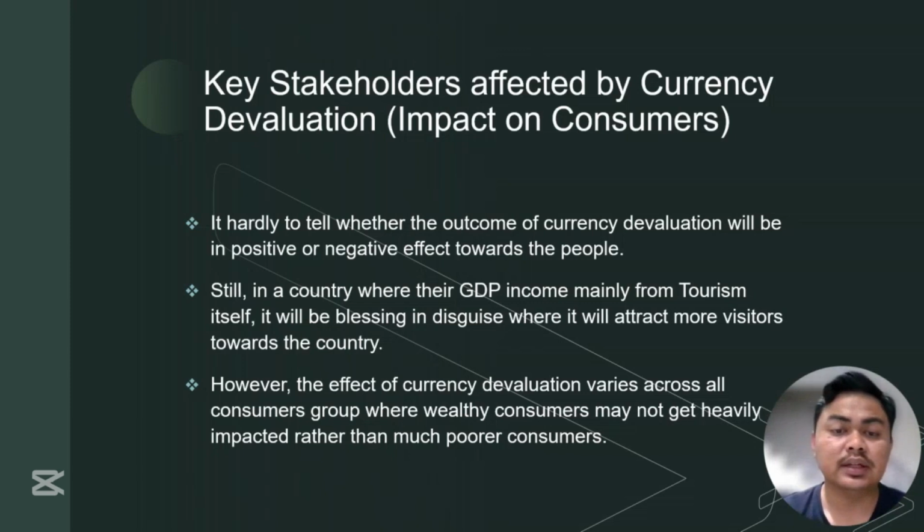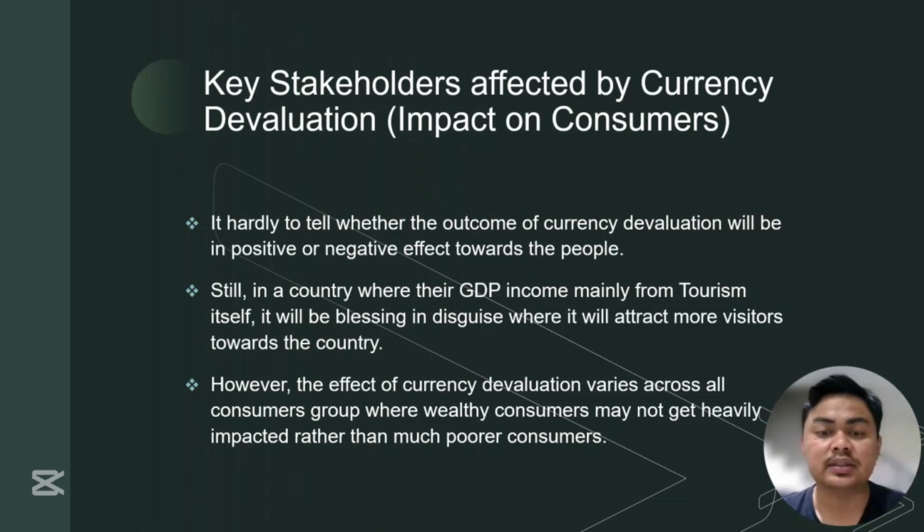Still, in a country where GDP income mainly comes from tourism itself, the decline of currency value will attract more visitors toward the country. When the value of remittance increases, it supposedly will attract more money from other stronger currency countries. However, the effect of currency devaluation will not be equal across all consumer groups.